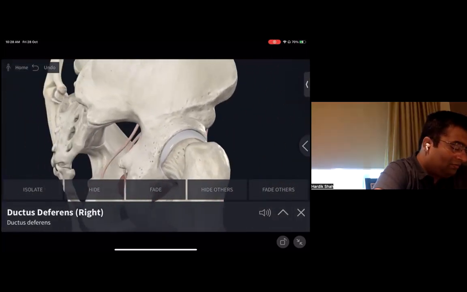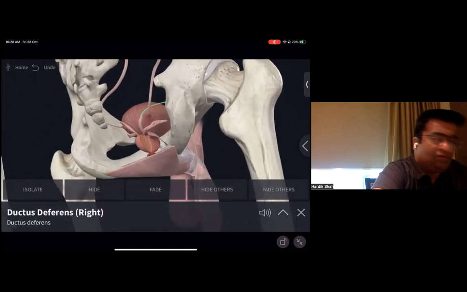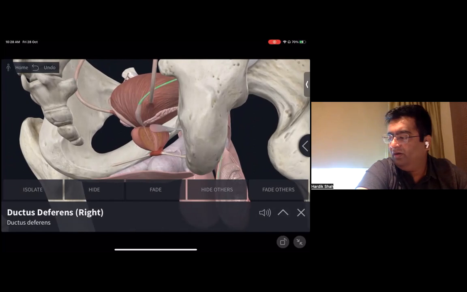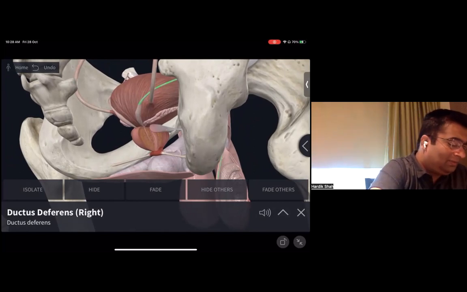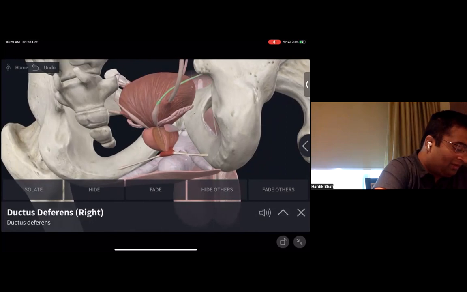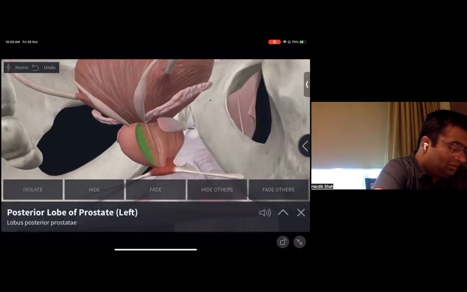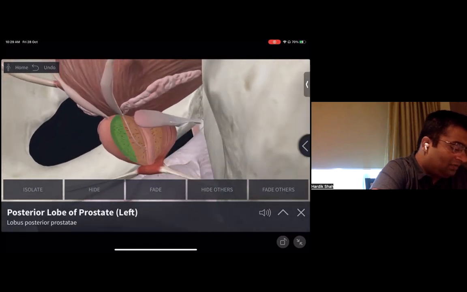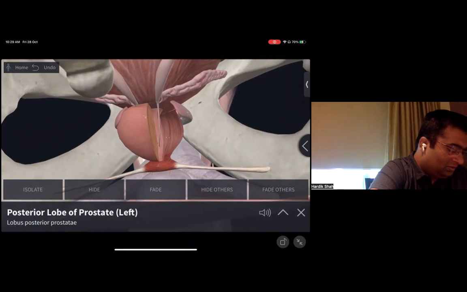Now, very close to the origin of the urethra from the bladder is another bilobed gland called the prostate gland. This prostate gland surrounds the urethra close to its origin from the bladder.